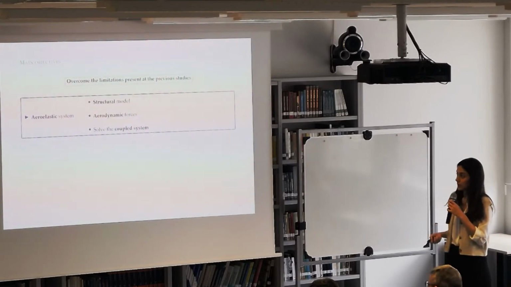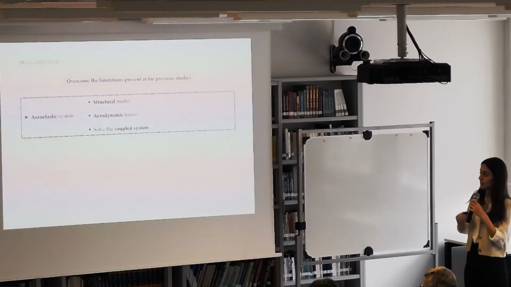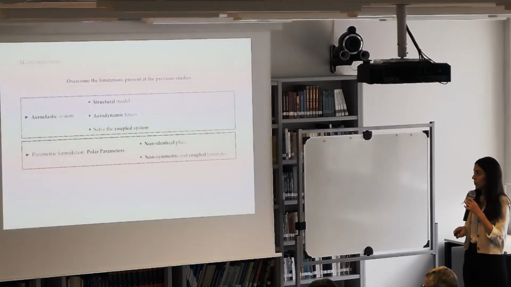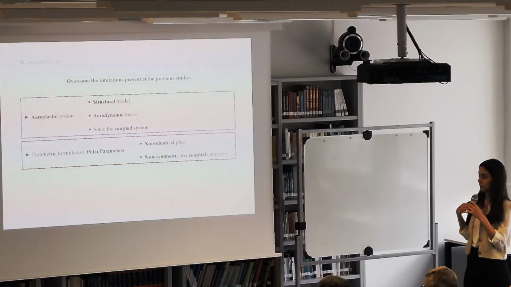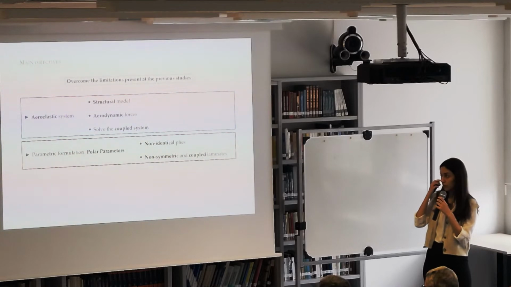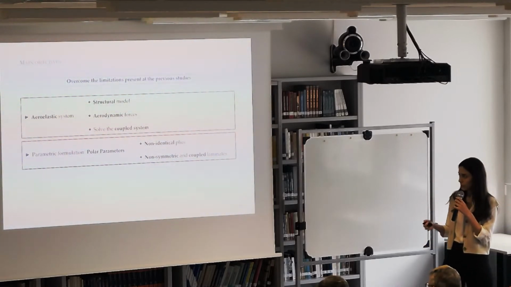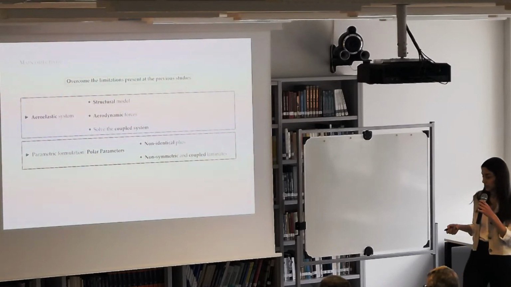To do that, we first need an aeroelastic system that is made of a structural and an aerodynamical model that are then coupled and solved in order to predict our instabilities. We will use parametric formulations such as polar parameters that also describe the behavior of the composite structure, but they are not limited to identical plies or to symmetric and uncoupled laminates.